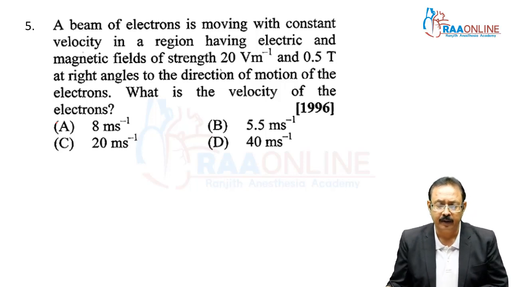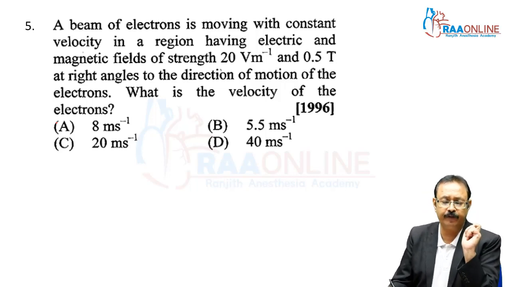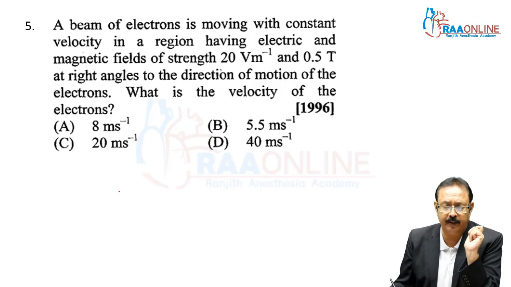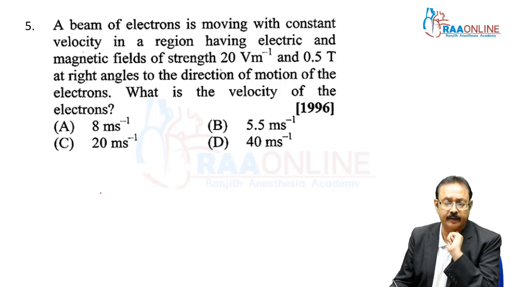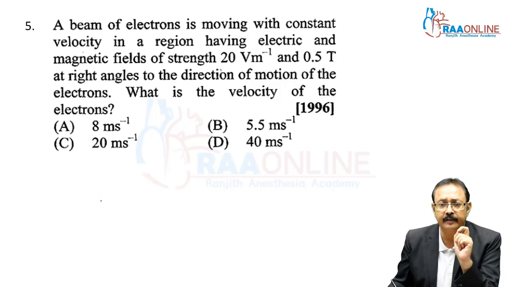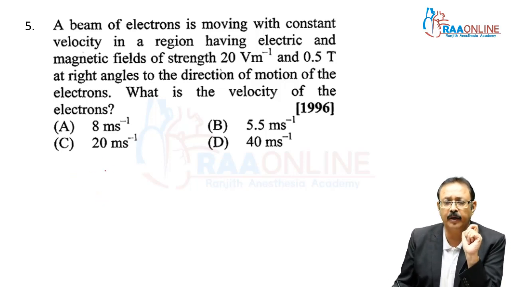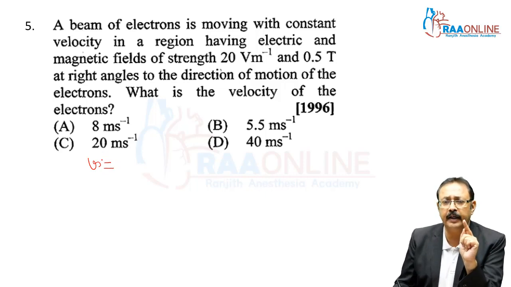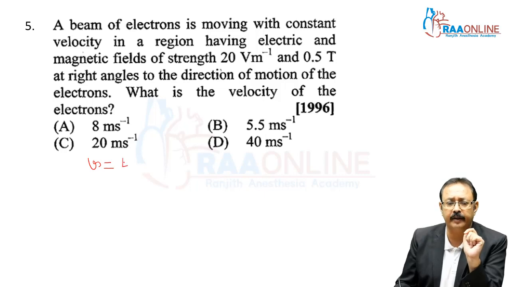We know the formula that if electric field and magnetic field both are given, you can calculate this by the formula velocity is equal to E by B. The electric field is 20 volt per meter and the magnetic field is 0.5.